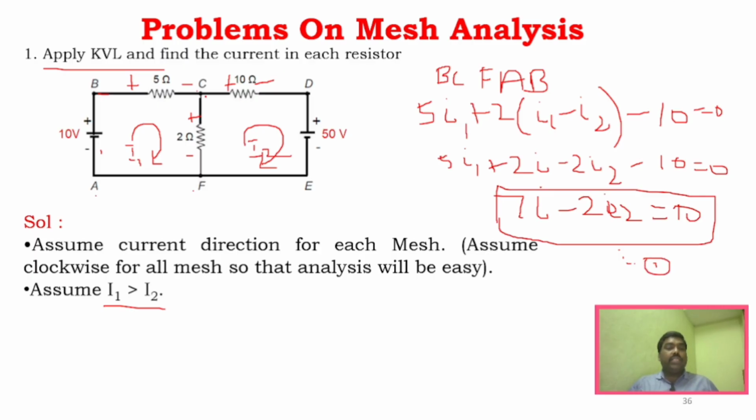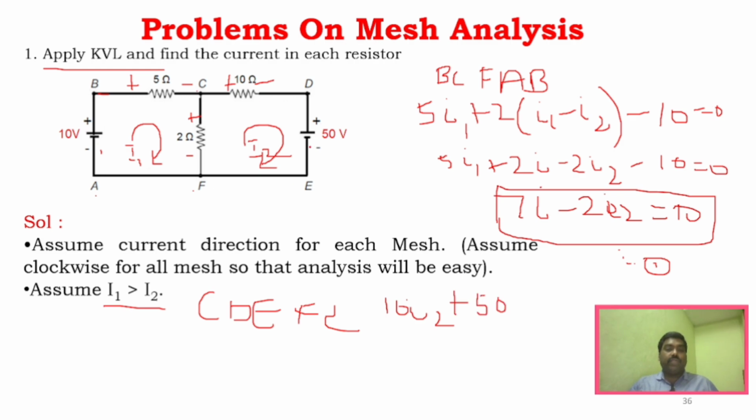Now you see the second mesh. The second mesh is C, D, E, F and C. In this mesh, we're going to write the expression starting from this particular resistor. It's 10 I2 plus 50, since we're approaching plus here.